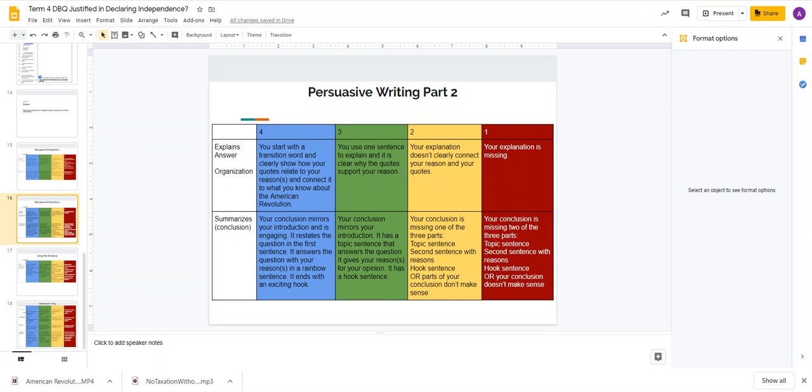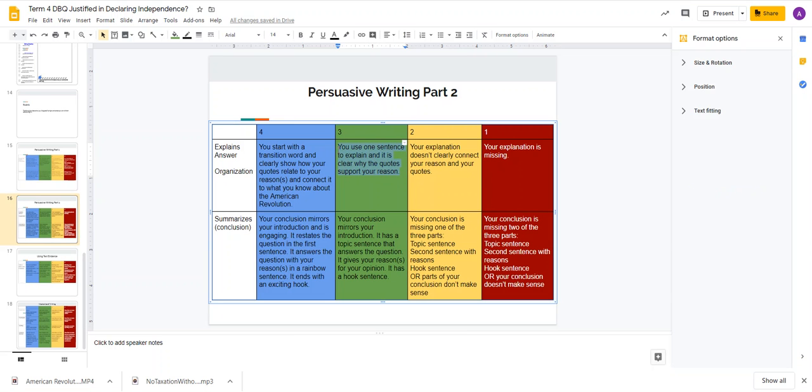Continuing on, your explanation, you use 1 sentence to explain, and it is clear why the quotes support your reasons. So it's very clear, and just like how mine looks where I have the explanation at the very end, I've added that at this last paragraph.